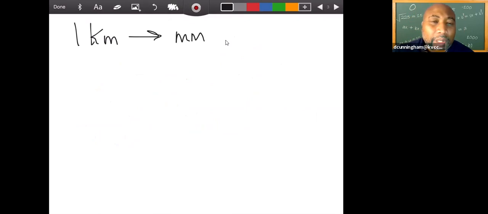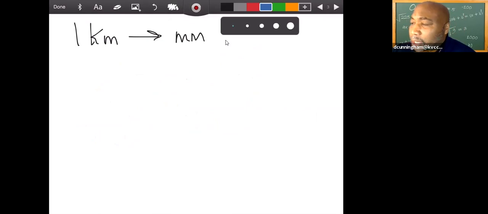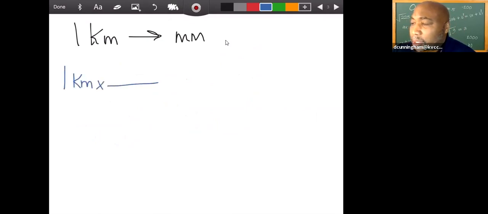Let's do one more example. Let's say we have 1 kilometer and we want to convert that to millimeters. Again, we're going from a larger to a smaller unit, so that means we move our decimal to the right. But in this case, let's use the unit fraction. We say 1 kilometer times, going kilometer to meter, because that'll cancel out the kilometer, and then meter to millimeter.